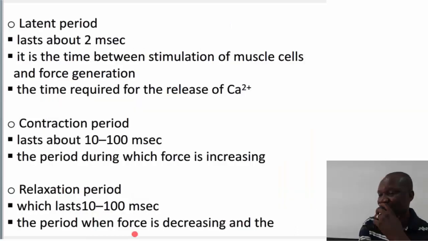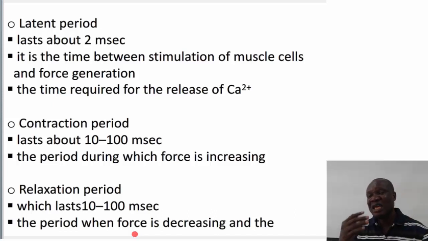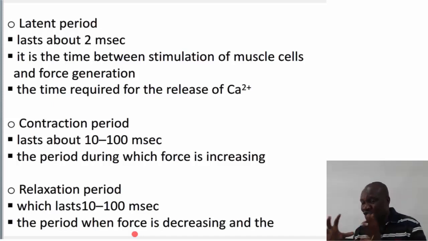Now, we said that the motor unit is a neuron and all the muscle fibers that it innervates. If a single action potential is conducted in the motor neuron, it will cause a brief contraction in the muscle.